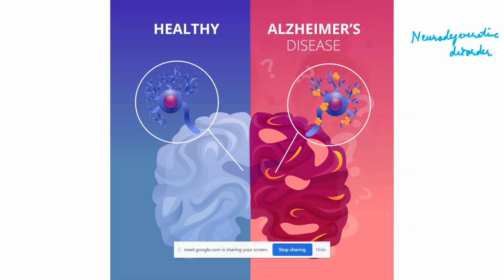If you see the comparison between a healthy brain and an Alzheimer's brain, here you can see the healthy neuron, but on the right side you have these protein aggregates present. Aggregation of these proteins, or amyloids as we call them, is a major cause of Alzheimer's.